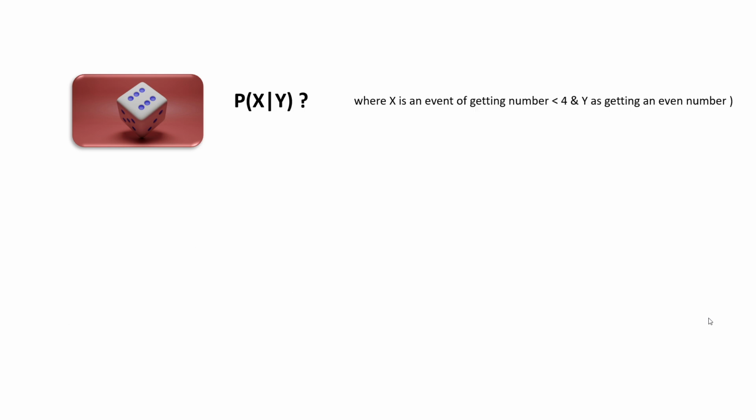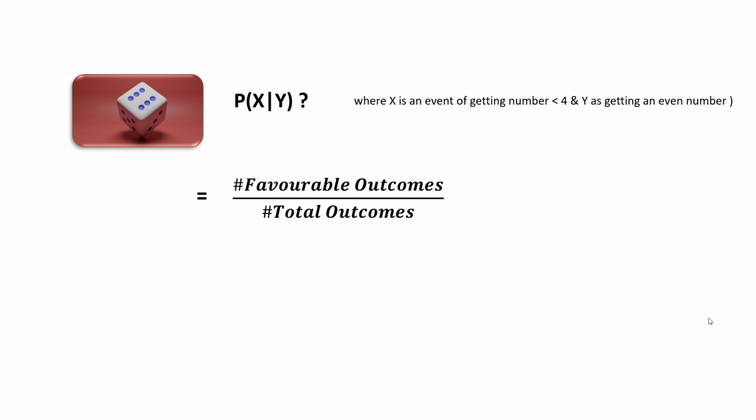But let's now extend the same definition to a conditional event with a different example. So the question is, what is the probability of getting a number less than 4, given that we already know that the outcome was an even number? So there is a conditional event with it. Let's use our basic probability formula, which says it should be calculated as the total number of favorable outcomes divided by the number of all possible outcomes.